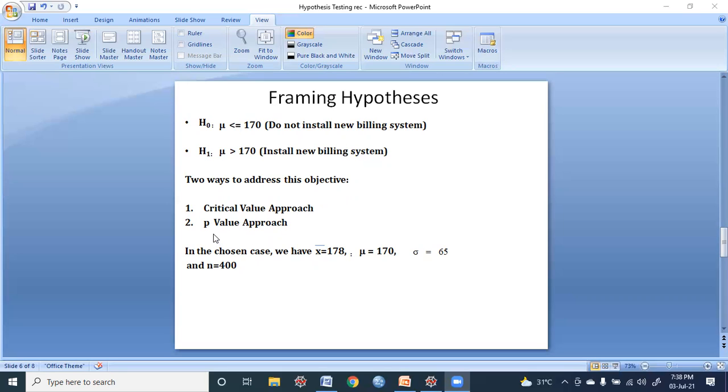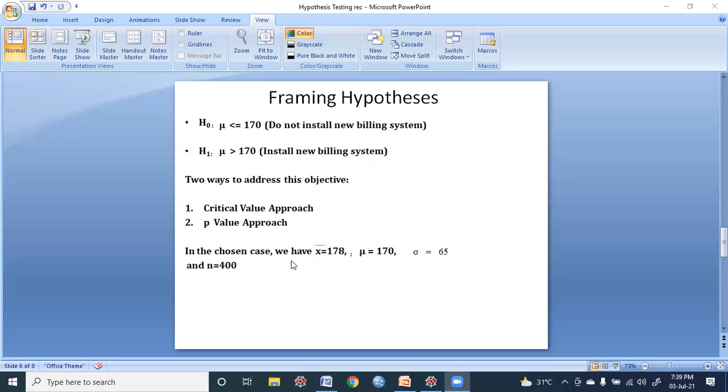The second approach is the p-value approach, rejecting or accepting based on the p-value. It is linked with alpha, the error rate or level of significance. If the p-value is less than 0.05, we reject the hypothesis. Otherwise, we accept the null hypothesis.